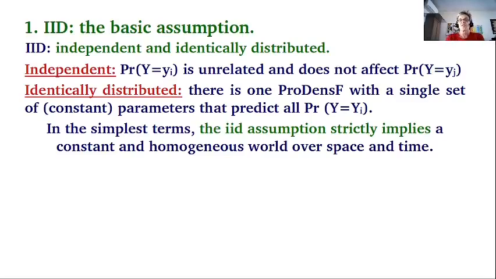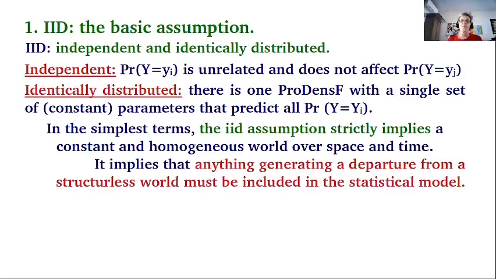That is, there is no differentiation according to the site, the sex, or any other condition, or there is no variation of the probability of observing a given value of the response variable depending on any continuous numerical explanatory variable. So it implies, therefore, that anything generating a departure from this structureless and very simple world must be included explicitly in the statistical model.